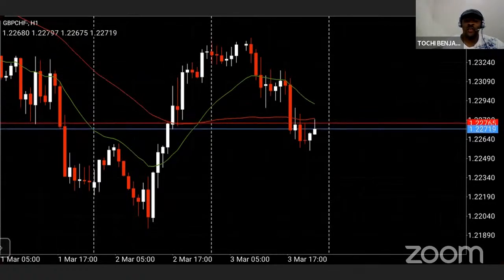So you don't get confused if D1 is buying and H1 is selling. No, it takes 24 candlesticks in H1 to do what one candlestick is doing in D1. You must understand this. So in that instance, you will always see a swing up, swing down.